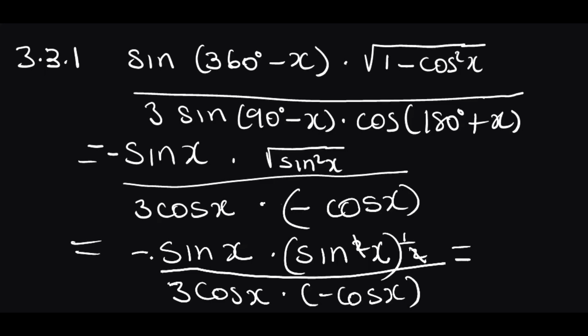We will have negative sine x times positive sine x, which will be negative sine squared x, all over negative 3 cos x times negative cos x, which is going to be negative 3 cos squared x.